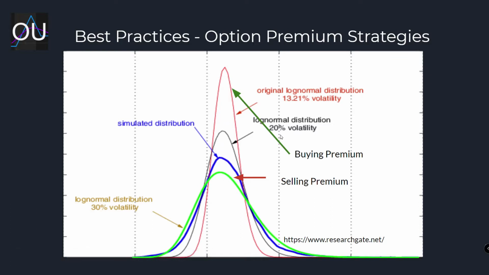Whereas if you're looking at something that's very low volatility, like 13%, you get a narrower, skinnier curve. And so what we tend to see is that low probability events will turn into higher probability or larger volatility events.